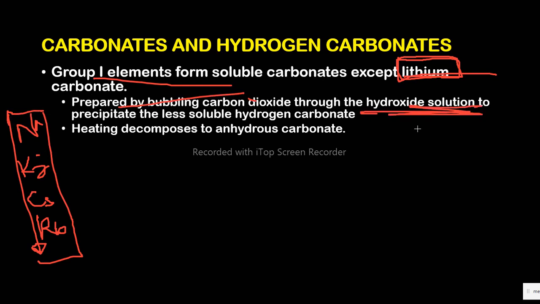It could be lime water, calcium hydroxide, sodium hydroxide, or potassium hydroxide, commonly these ones, when preparing group 1. And what happens when you bubble? We shall form a precipitate, and the precipitate is going to be a hydrogen carbonate.